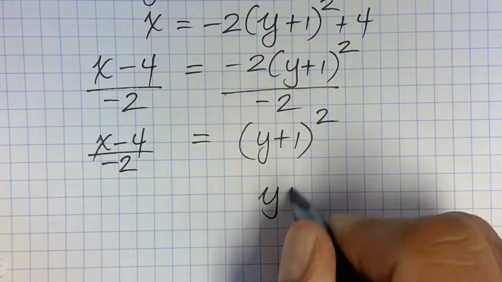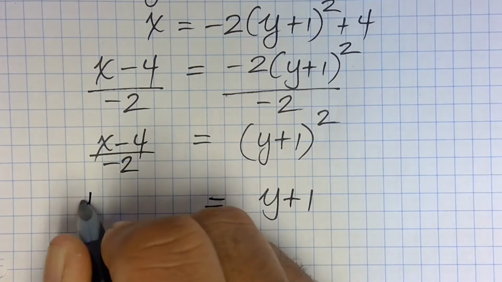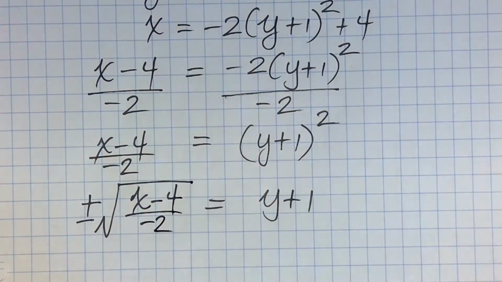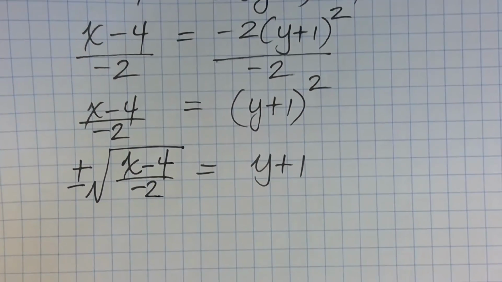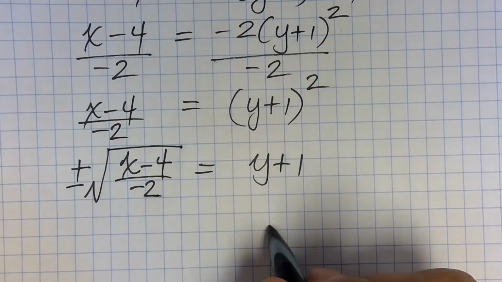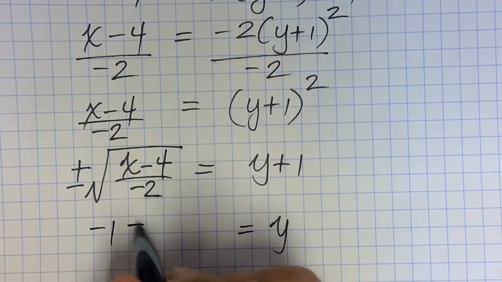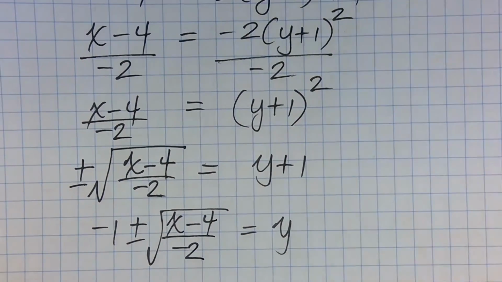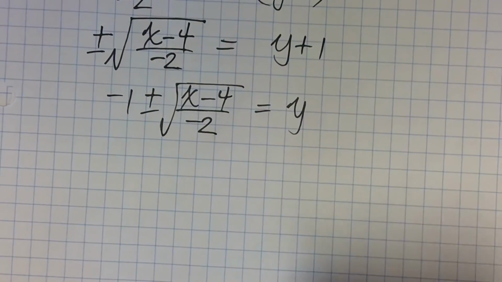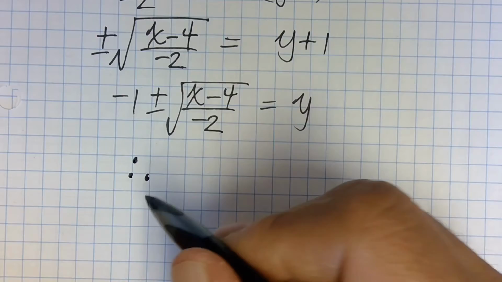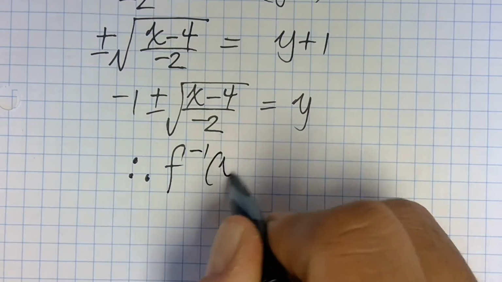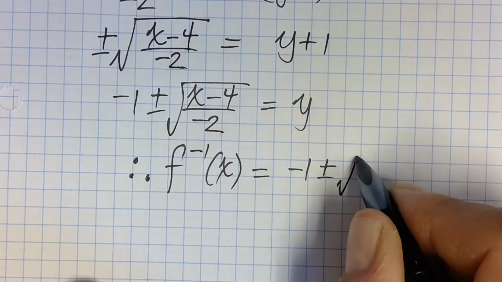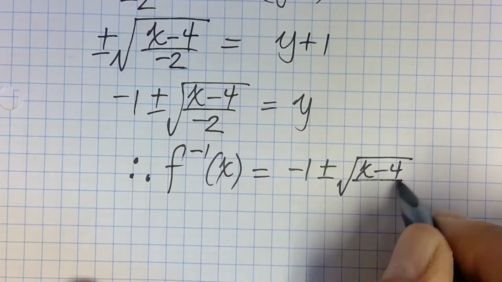And then I'm going to take the square root of both sides. And so y is going to equal negative 1 plus or minus radical of x minus 4 over negative 2. Therefore, f exponent negative 1 of x, the inverse relation, will be negative 1 plus or minus radical of x minus 4 over negative 2.